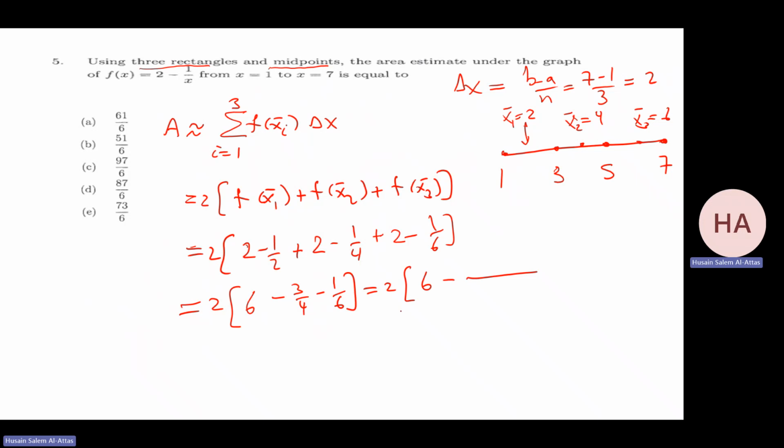I'll do a common factor, that will be 12. 12 over 4 is 3, times 3, that will be 9. Over 6, since this is a minus, I'm taking minus as a common factor. That gives me 12 minus 11 over 6.